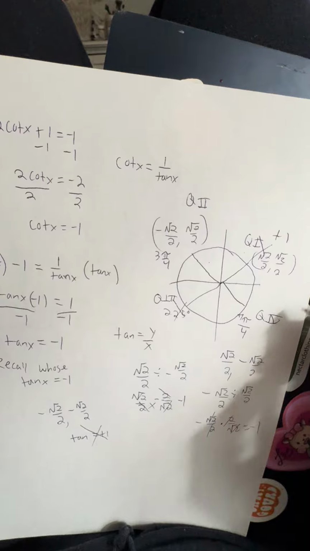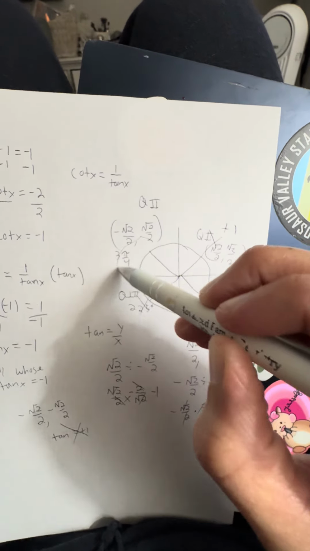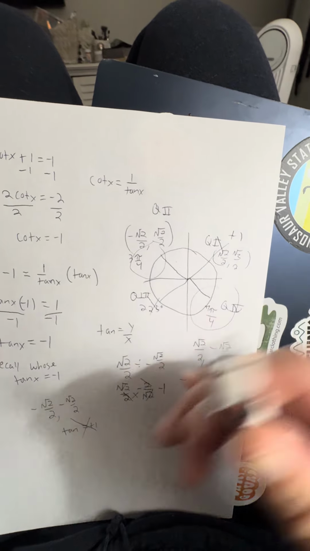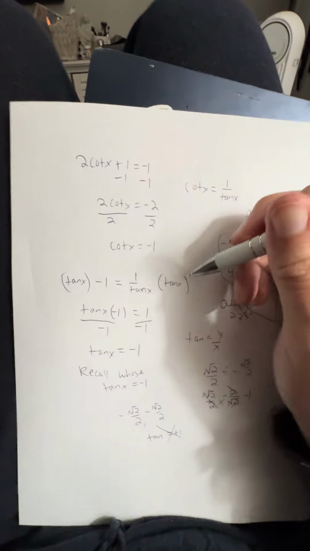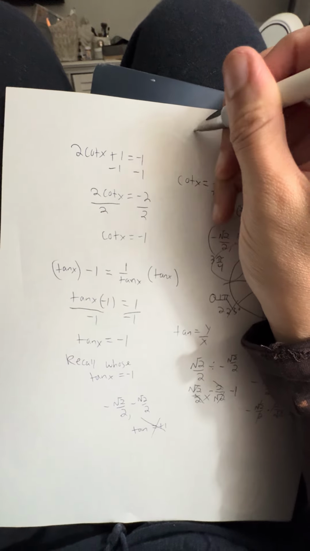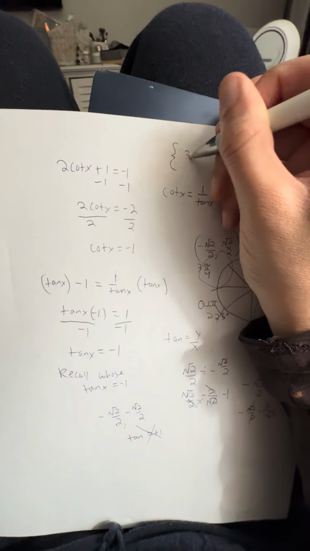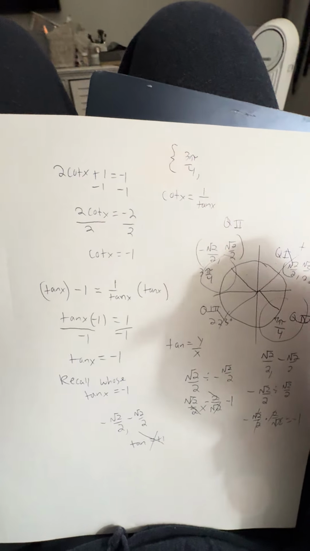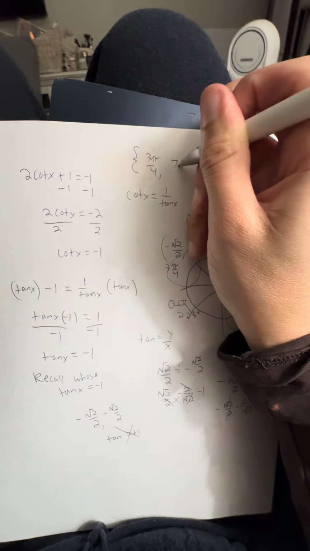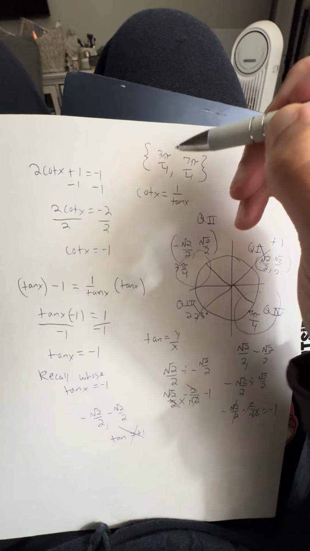So that's why Q4 and Q2 apply, where you get a negative 1 for your tangent. So the answer for this question that would satisfy everything would be 3 pi over 4, comma 7 pi over 4. And that's it.